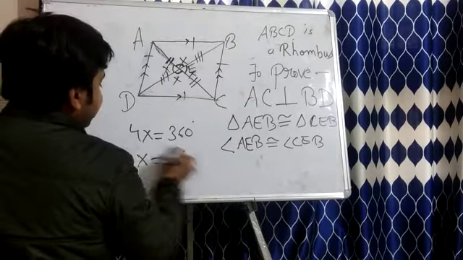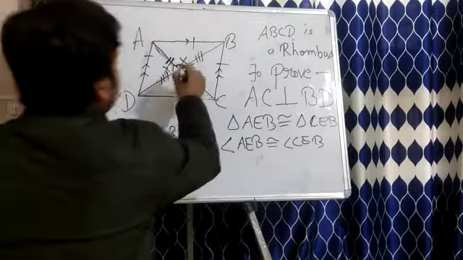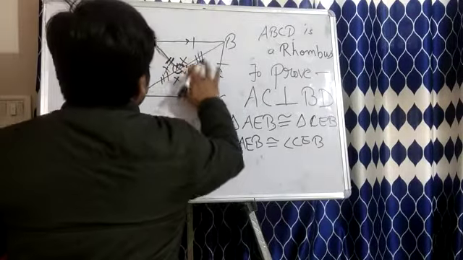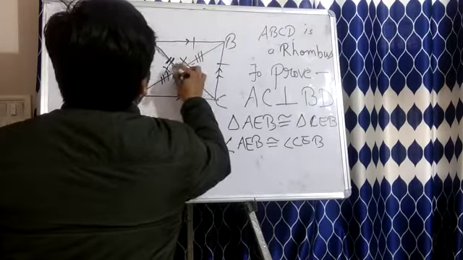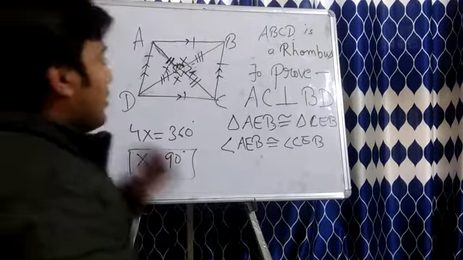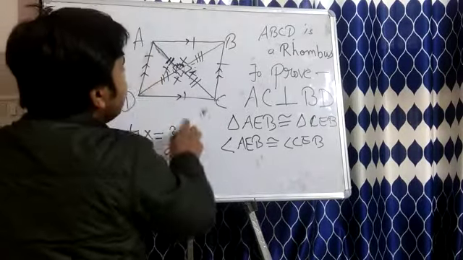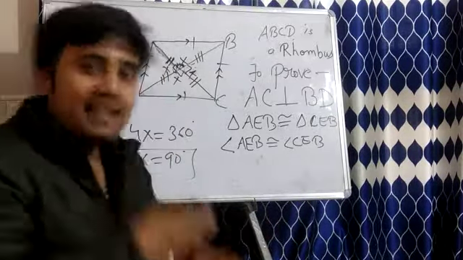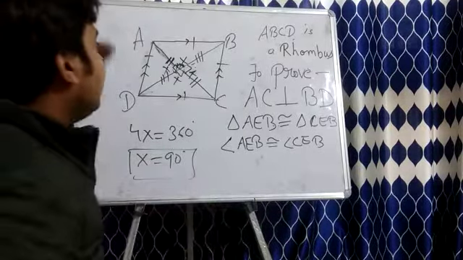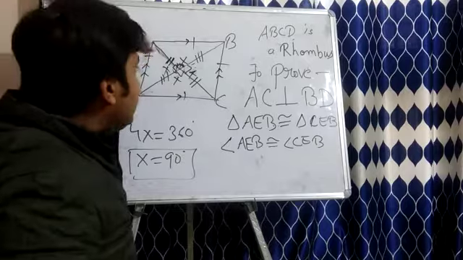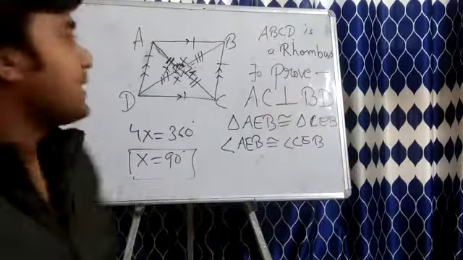So this is 90, this is 90, this is 90, this is 90. So we can now say that in a rhombus, not only do the diagonals bisect each other, but they are also perpendicular to each other. Therefore, each diagonal is a perpendicular bisector of the other diagonal. Okay, in a rhombus, each diagonal is a perpendicular bisector of the other diagonal.